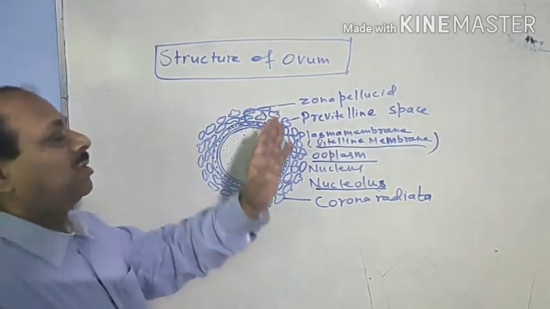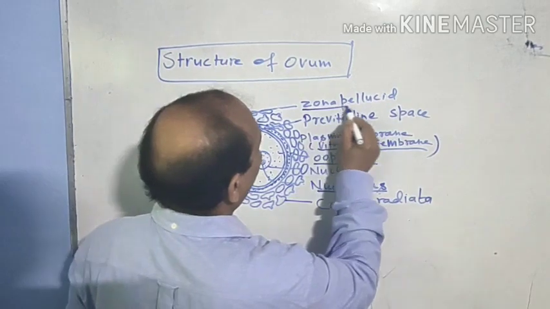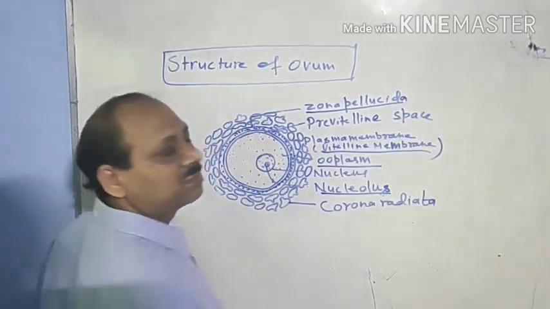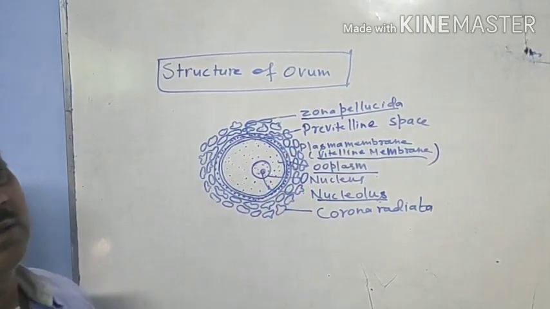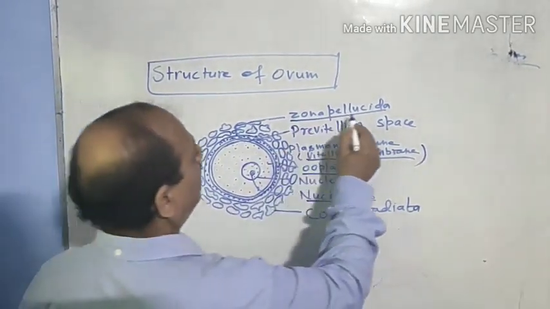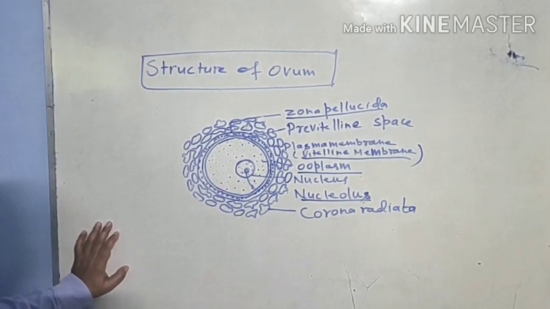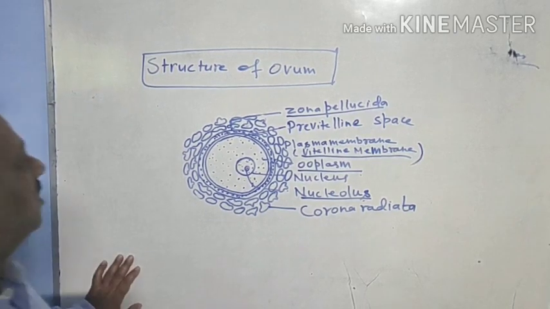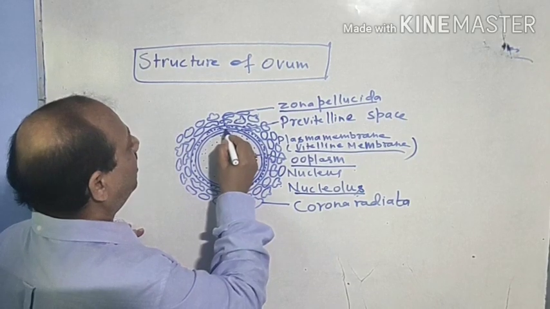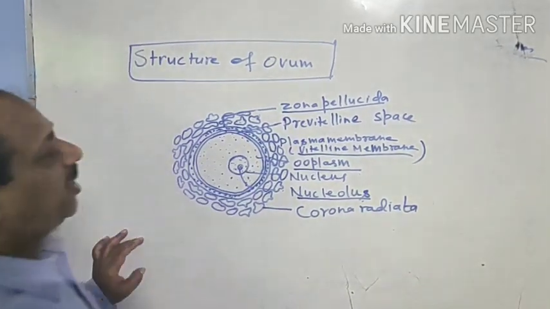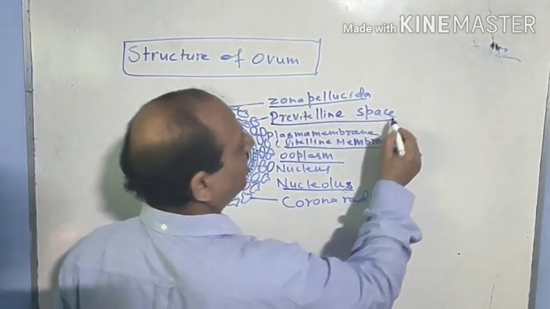Plasma membrane is surrounded by a thick membrane known as zona pellucida. It is secreted by follicular cells. There is a narrow space between plasma membrane and zona pellucida known as previtelline space.